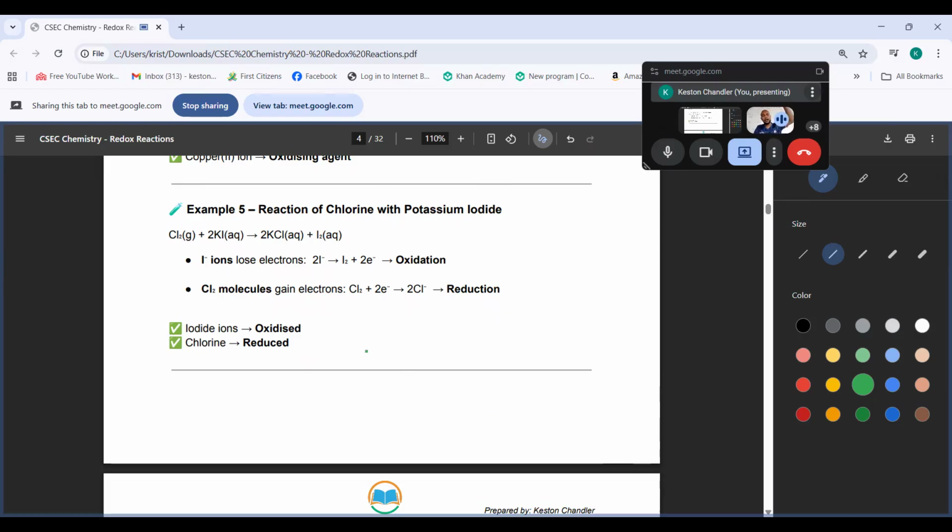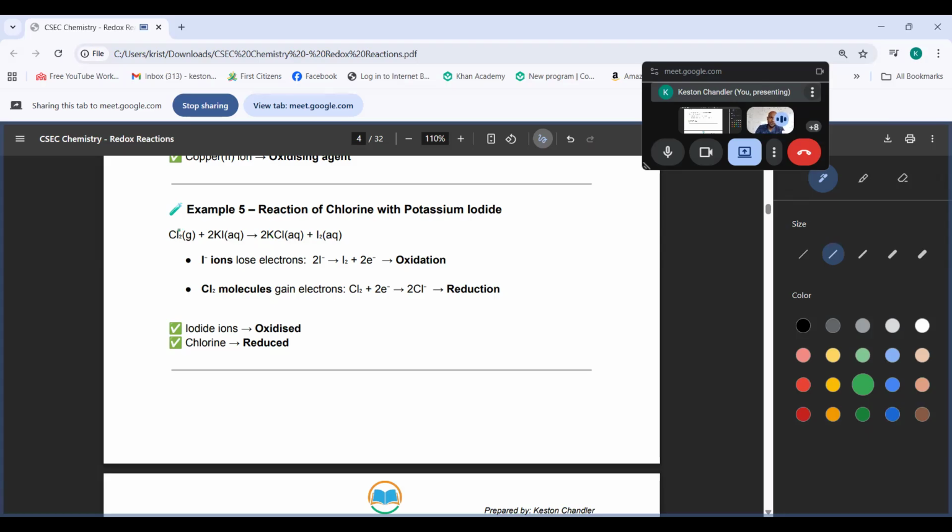So the higher they are in group 7, the easier they will displace or kick out one that is lower. Chlorine is second from the top. Iodine is 1, 2, almost third from the top. So chlorine will kick out the iodine and bond ionically with the potassium.